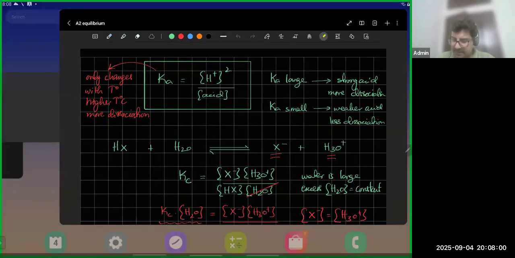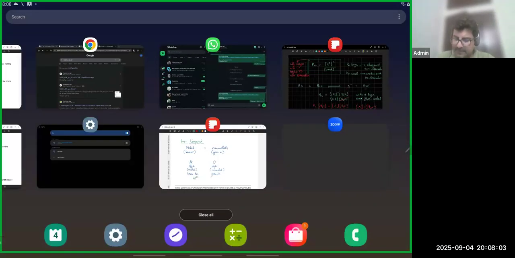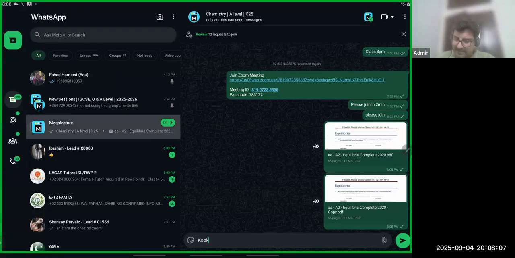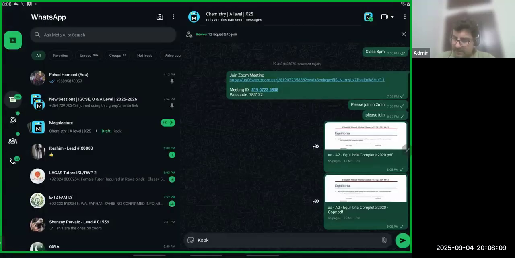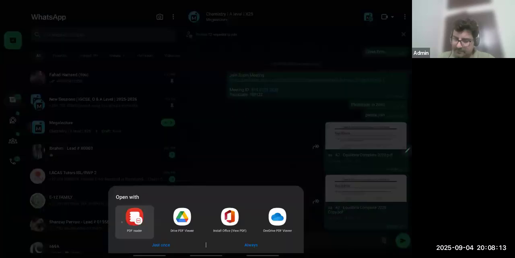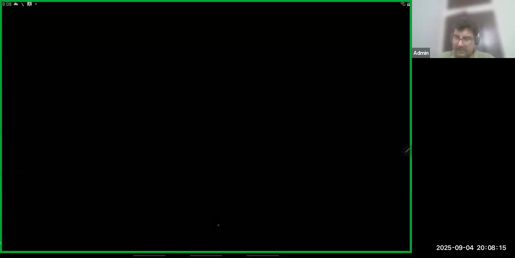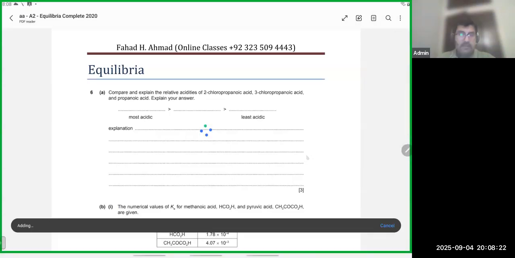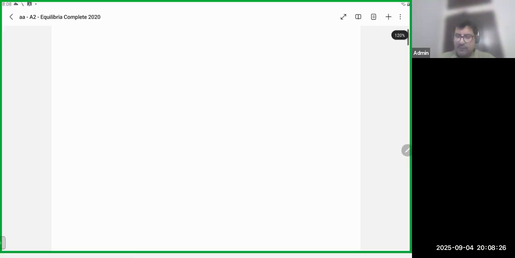So what I'm going to do is open the worksheet, and we'll try to solve questions just about the dissociation constant. I'm just going to pick the simple questions first.